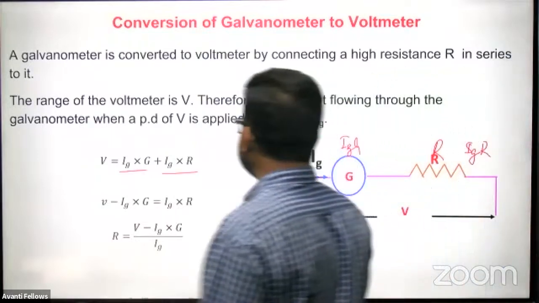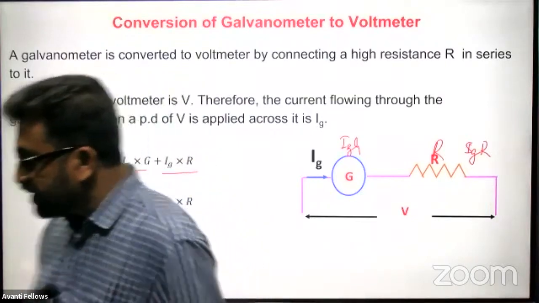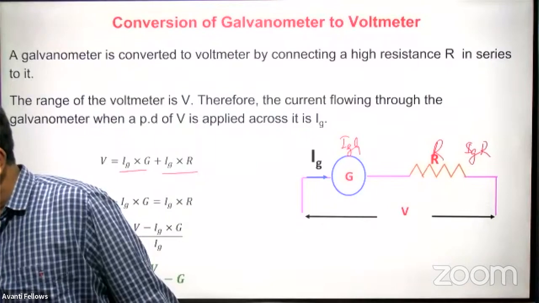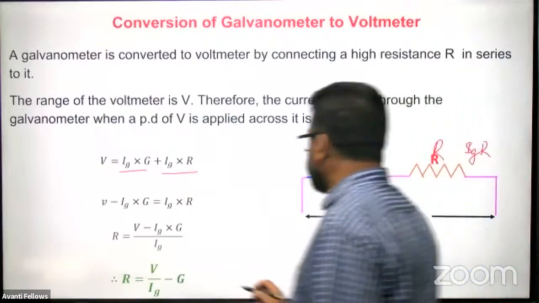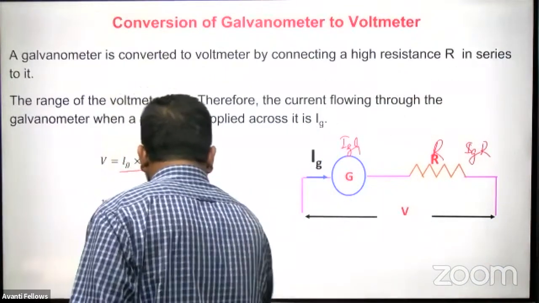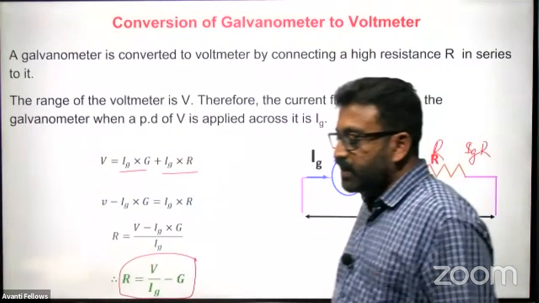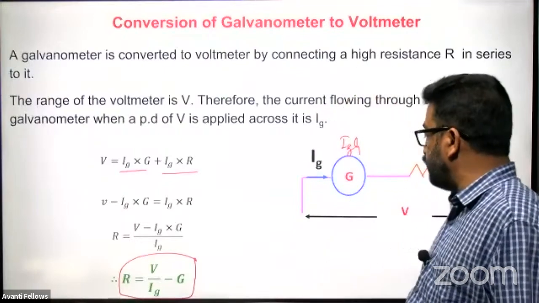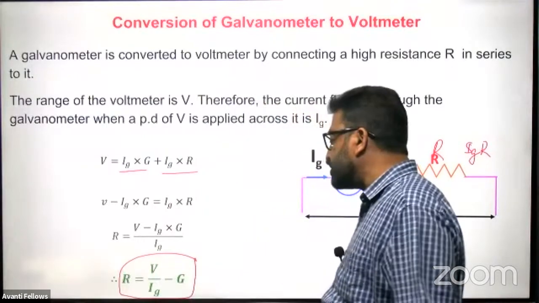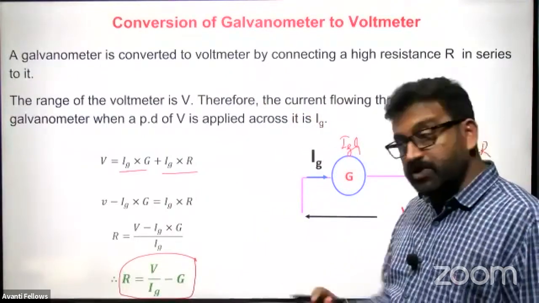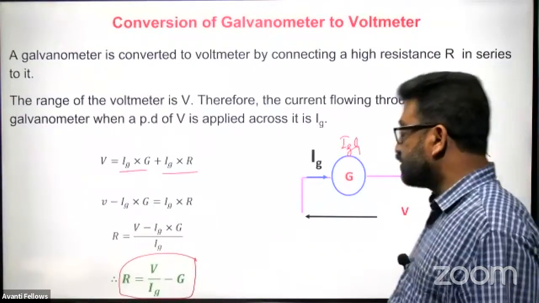We get the value of R to be connected to make the galvanometer a voltmeter as V by Ig minus G. So in this method, we can convert a galvanometer into a voltmeter as well as an ammeter. V is the maximum voltage which can be measured using that galvanometer, Ig is the maximum current which we can send through the galvanometer, and G is the galvanometer resistance.